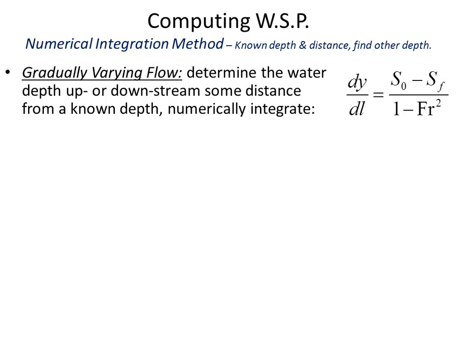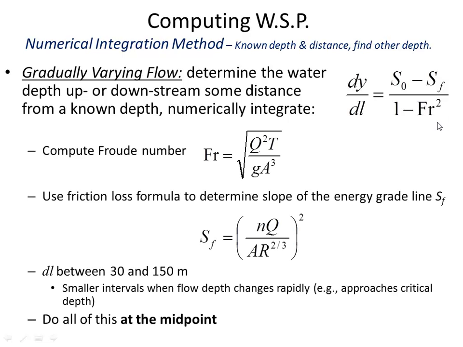What's shown here on the screen is that we're going to be using the process equation, which consists of knowing the channel bed slope, the slope of the energy grade line, and the Froude number. We're going to compute the Froude number and the energy grade line slope with Manning's equation for the energy grade line slope.